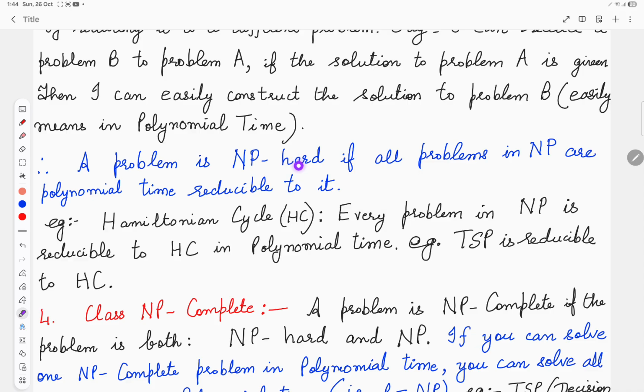A problem X is NP hard if all the problems in NP are polynomial time reducible to it. If all the problems in NP are reducible to X in polynomial time, then X is known as NP hard.